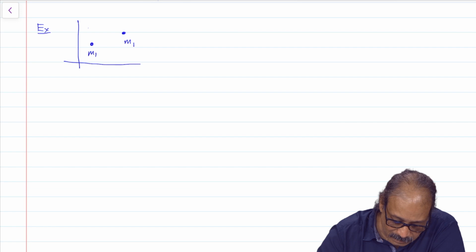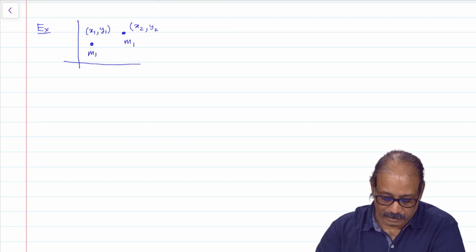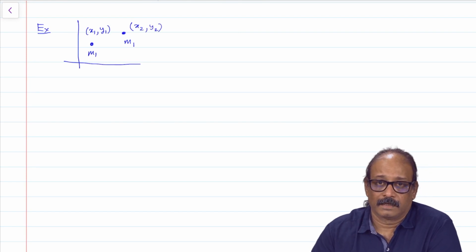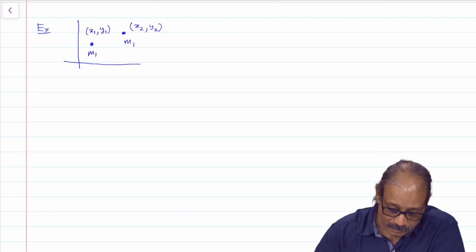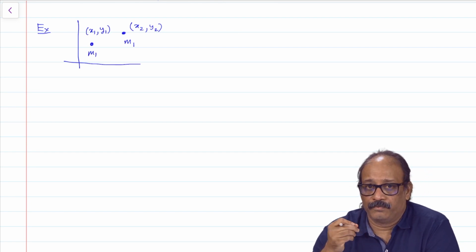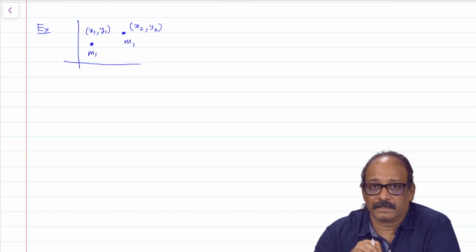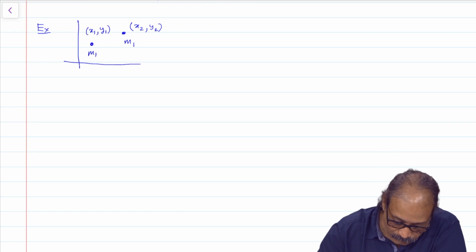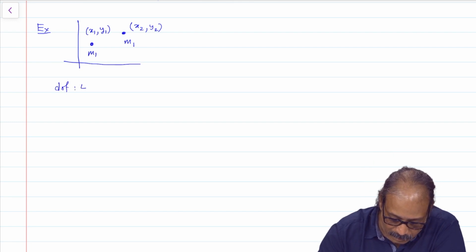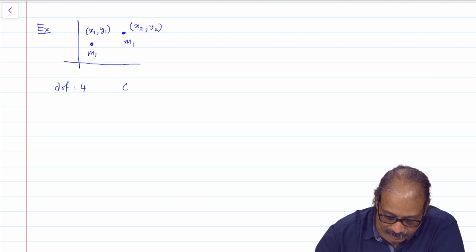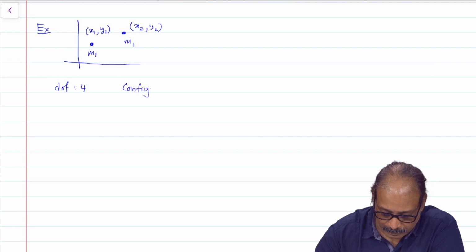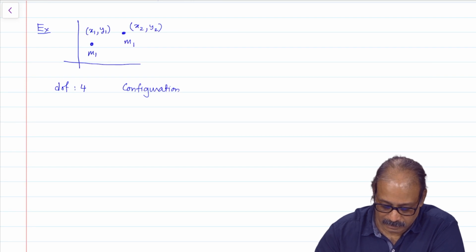The coordinates of one particle are given by x1 and y1, and the coordinates of the second particle are given by x2, y2. Basically, both particles move in 2 dimensions, each one of them has 2 degrees of freedom. So, the system of 2 particles has 4 degrees of freedom. So, your configuration space is also 4 dimensional.